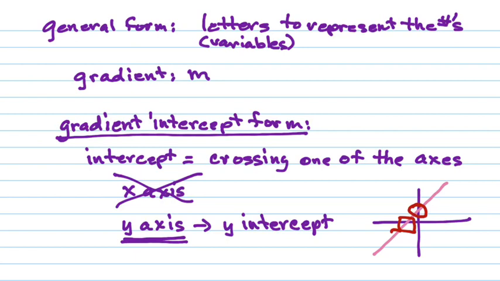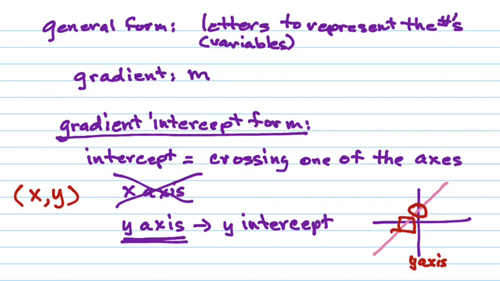Think about what's happening here, because remember that every point on the graph is an ordered pair that has an x and a y. Well, if that's the case, then think about what it has to be if it's on the y-axis. The y-axis is the one that goes straight up and down, right?